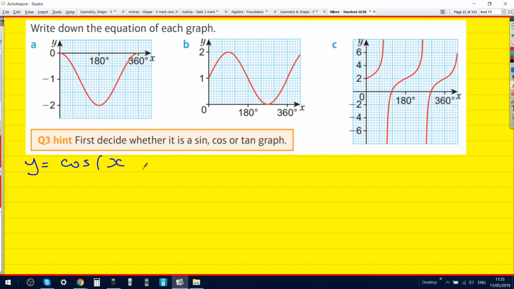So the cos graph. What has changed about the cos graph? It's been flipped.